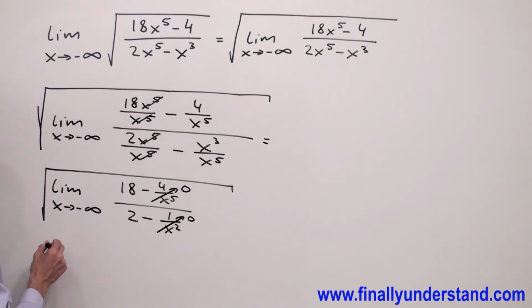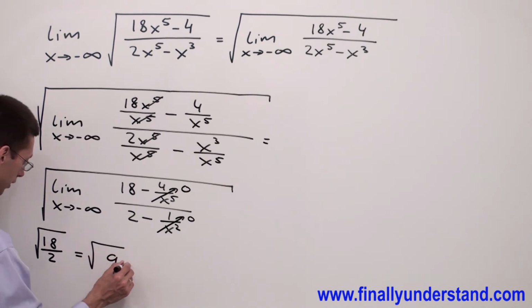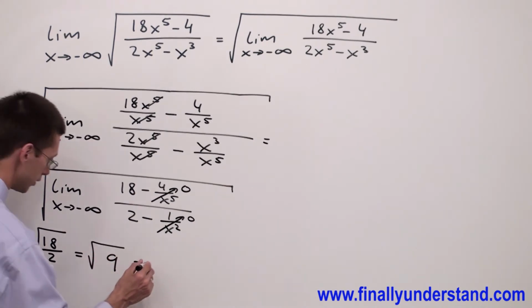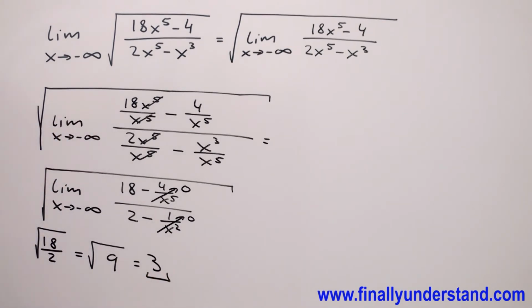That's why I have nothing else, just simply the square root of 18 over 2. So this is nothing else, just the square root of 9, and the square root of 9 is equal to 3. This is the solution to my problem.